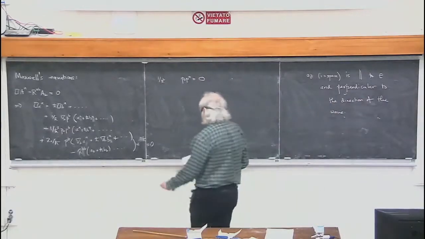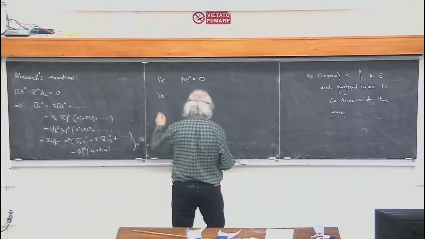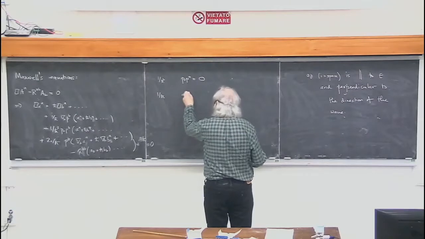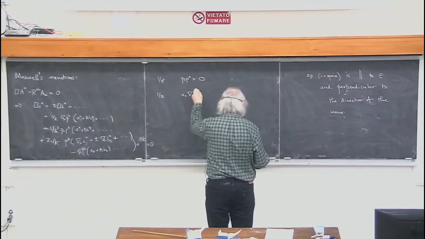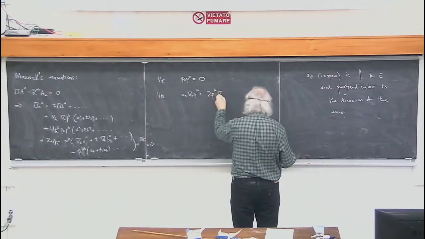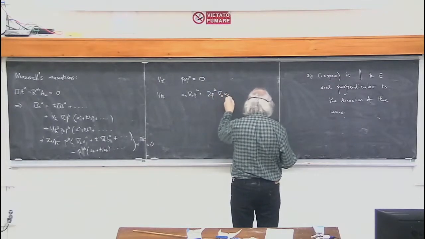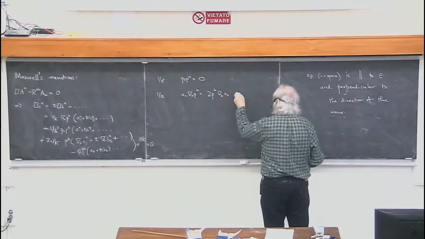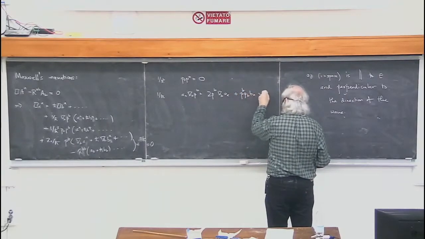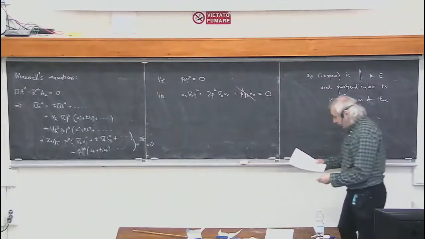At order 1 over ħ, you get the following equation. A^A ∇_B P^B plus 2 P^B ∇_B A^A plus P² of B^A equals 0. That term is 0 because we already know that P is null.